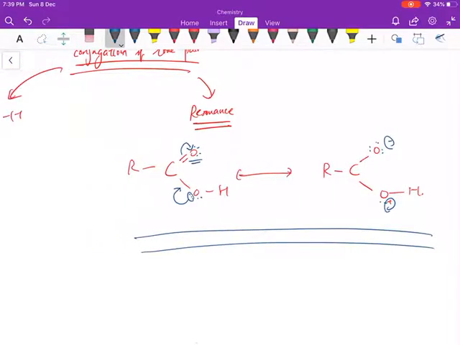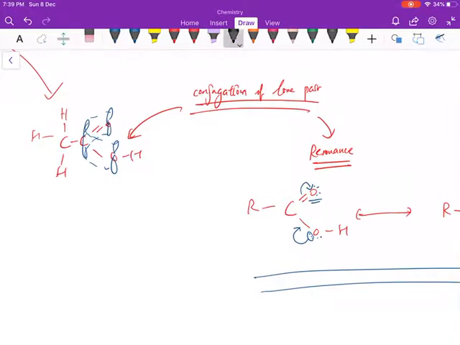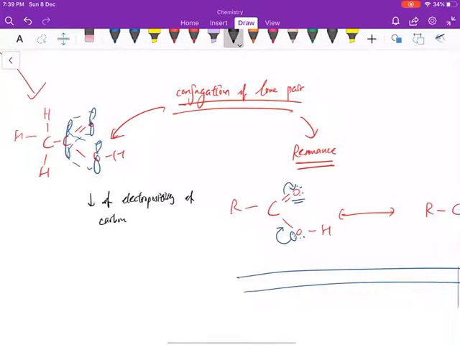So the importance of this is really that it reduces the electropositivity of the carbon atom. Why is that?